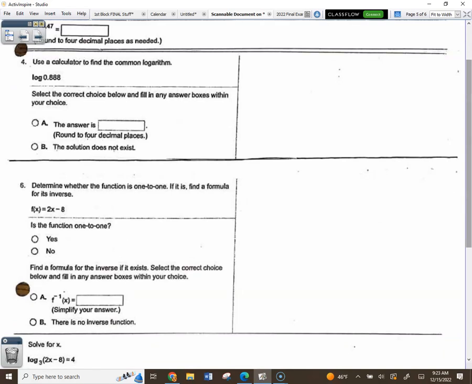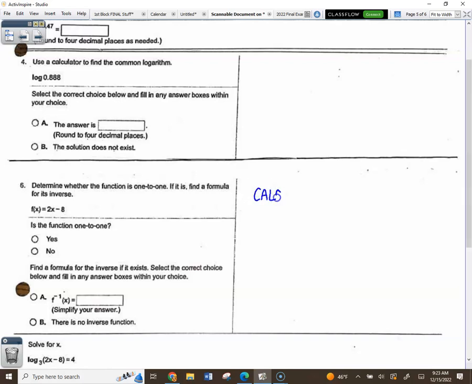2 ways to do it. The algebraic way is that whole find if A equals B. The easy way is type it in your calculator and check if it passes the horizontal line test. By the way, it's going to because it's linear.